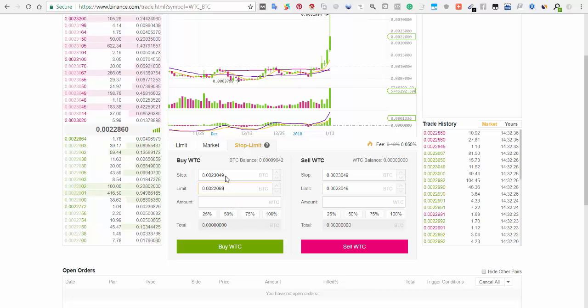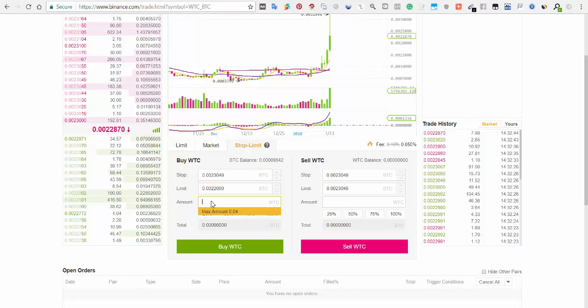Now, once it's below the stop, it's going to start buying into it, and you just indicate the number of coins you want to buy. Our advice, if you're starting trading, you should have a minimum of $500. 1,000 is just perfect. If you can start with 1,000, unless you really want to just wait and you have so much patience. Okay, if not, starting with $1,000 is just perfect to do this.